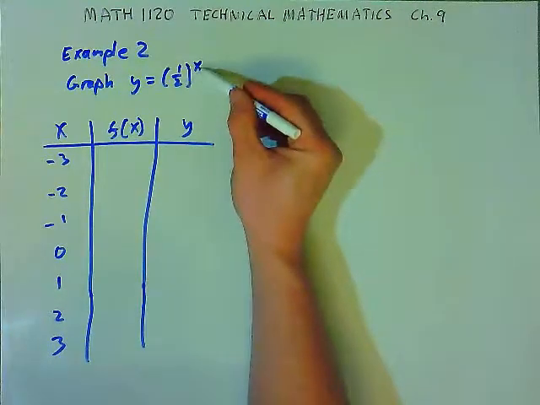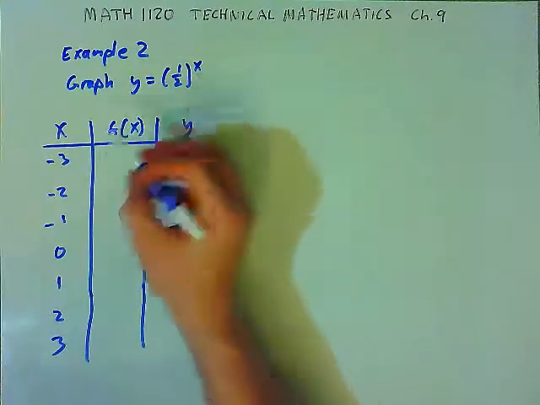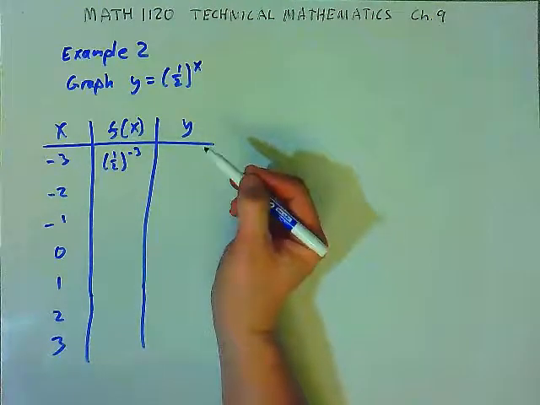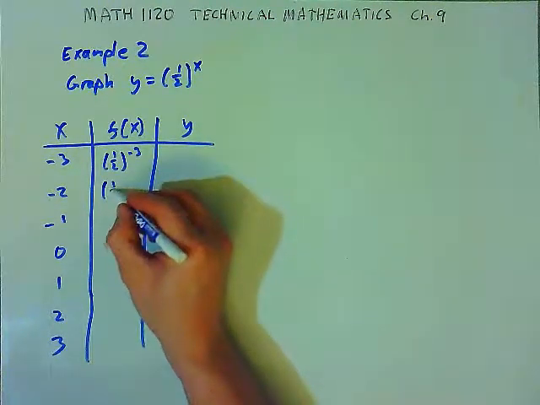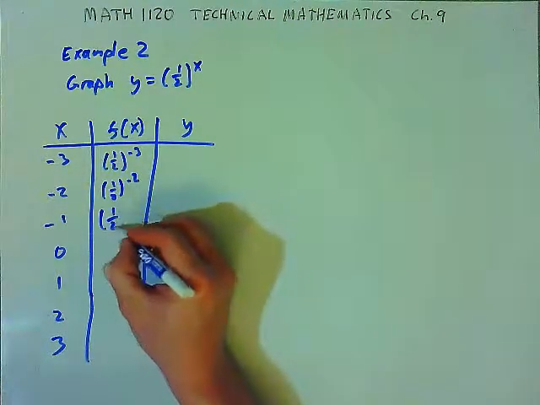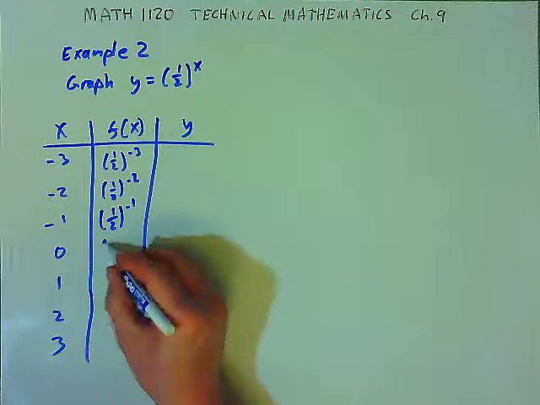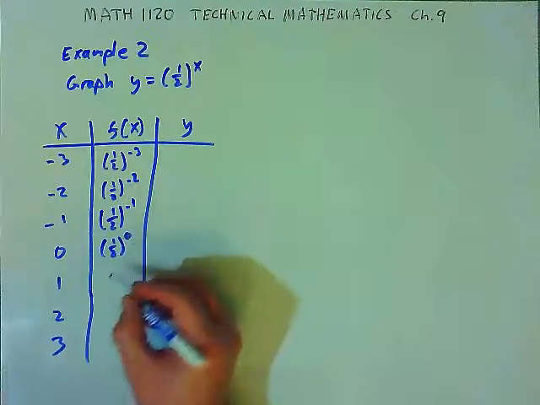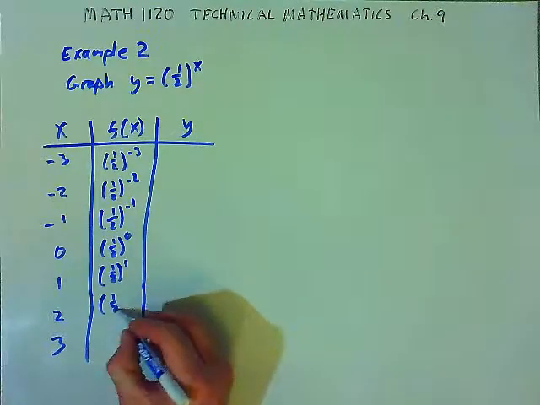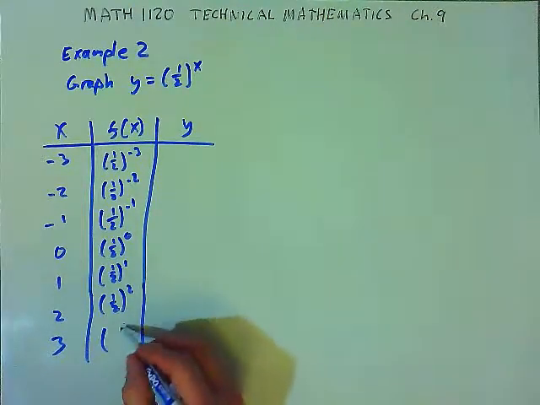And so the function will be when x is negative 3, we will have 1/2 to the negative third power. We will have 1/2 to the negative 2 power. We'll have 1/2 to the negative 1 power. 1/2 to the 0 power. 1/2 to the first power. 1/2 squared. And 1/2 to the third.